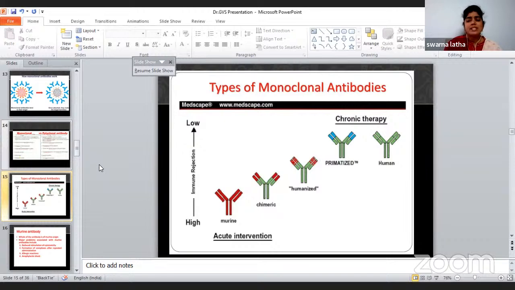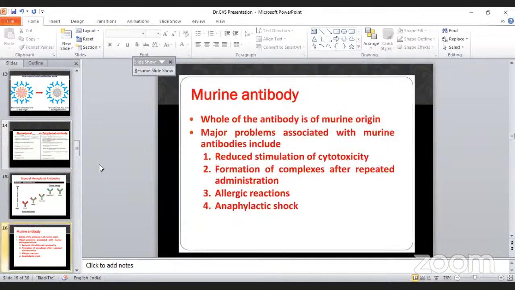Murine means it has been generated completely from a mouse cell. In the synthesis we had seen, we immunize a mouse with the desired antigen, right? Here, when I'm talking about the antibody, it's all about monoclonal antibodies.